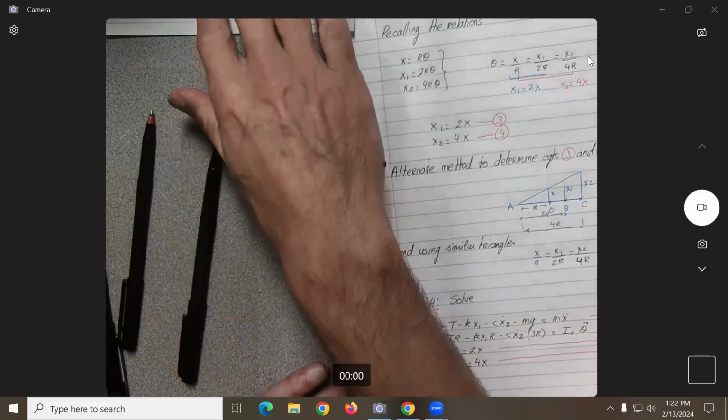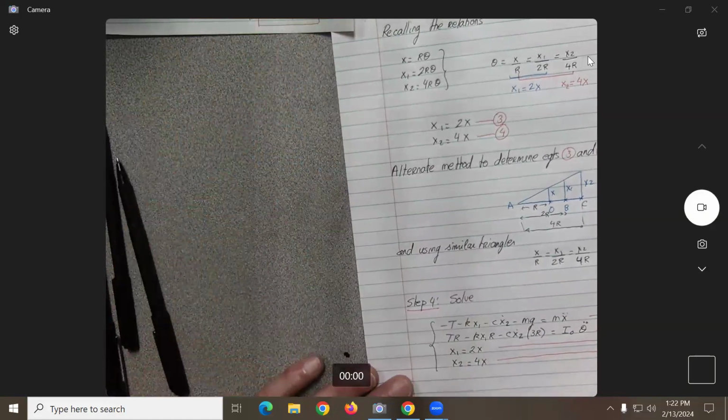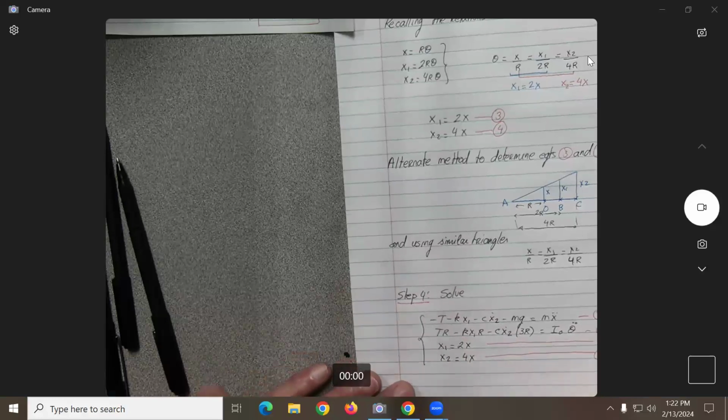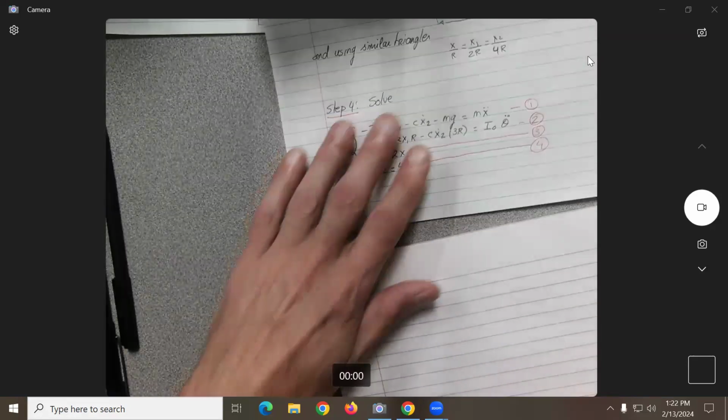Okay, this is the stage that personally I don't like to do. I go to Maple or MATLAB and I say just solve the system. Even though in this case it's not complicated at all. So what are we going to do in this case? What can we do? We can substitute 3 and 4 into 1. And solve for T. Okay, so let's do that.